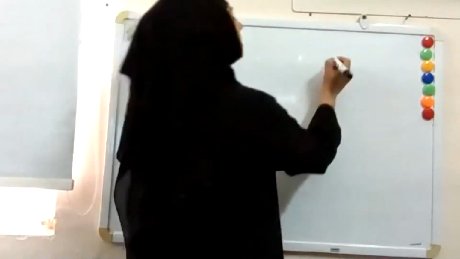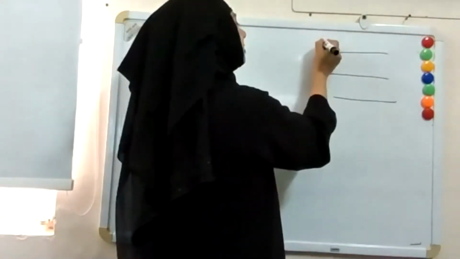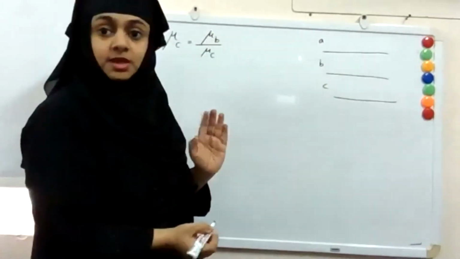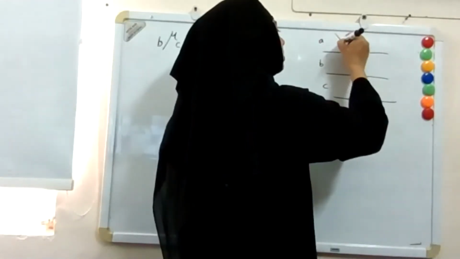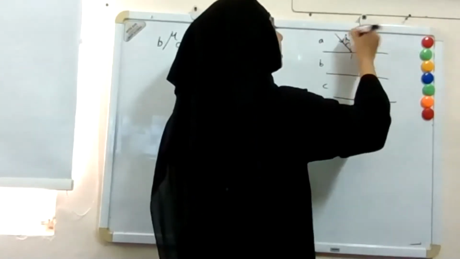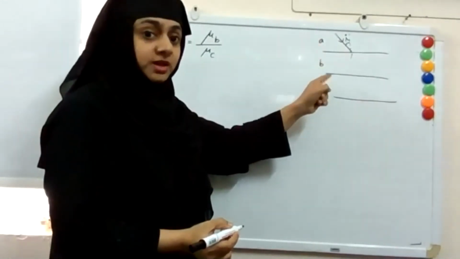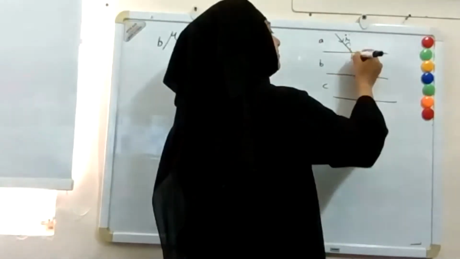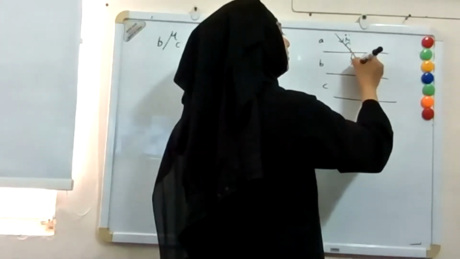So let us consider a situation where there are three medium: medium A, medium B, and medium C. Let light enter from medium A to B with an angle of incidence I. Light is entering from medium A to B with an angle of incidence I. Now, after refraction, suppose it makes an angle of refraction R1.